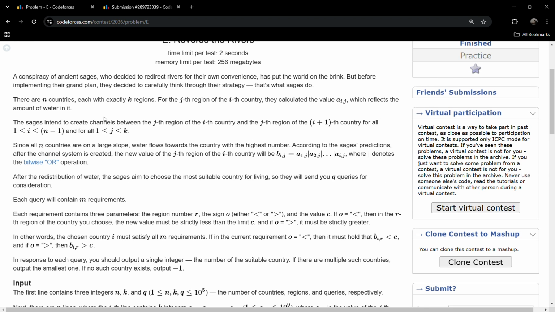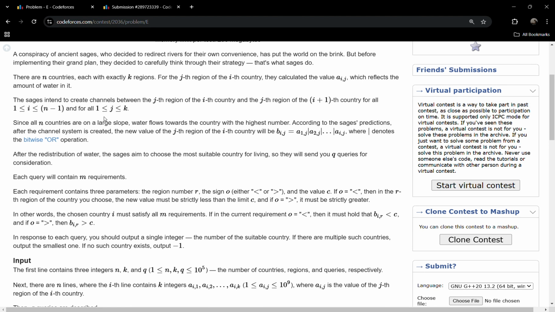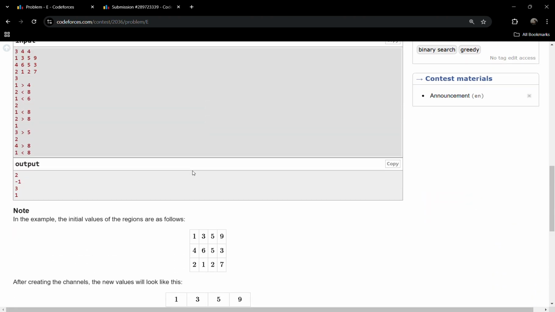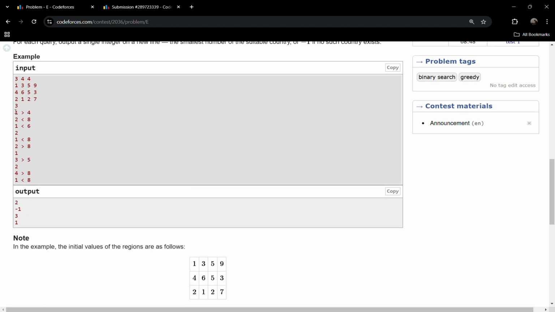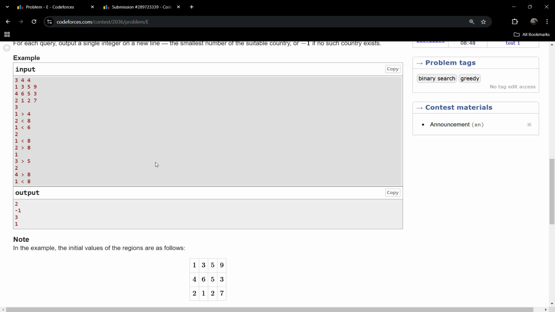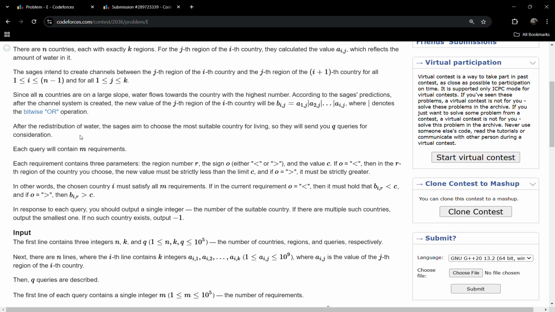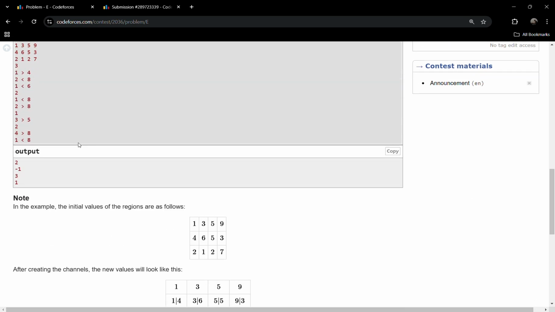Some sages try to move the water from one region to another region with some restrictions, and we have to finally read the queries and answer if any country will satisfy all these constraints.